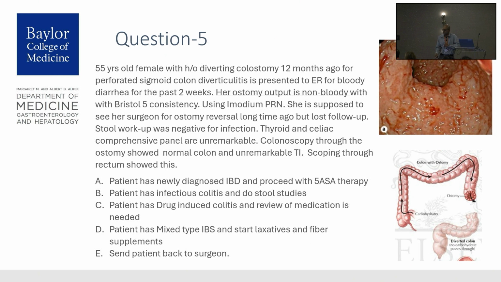That's what you see here, severely inflamed colon, the entire area from here to here looks like severe inflammation. And you also insert the colonoscope through the ostomy, and that looks completely normal. What is this called? Okay, this is called diversion colitis.